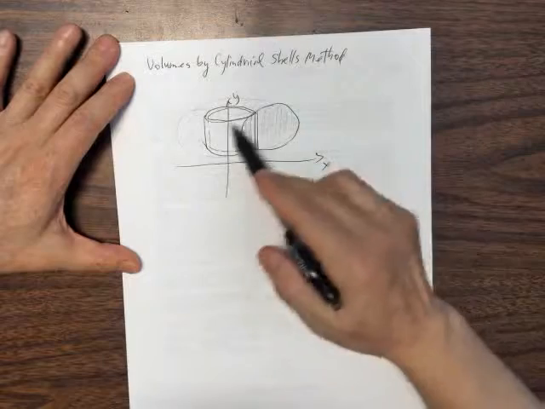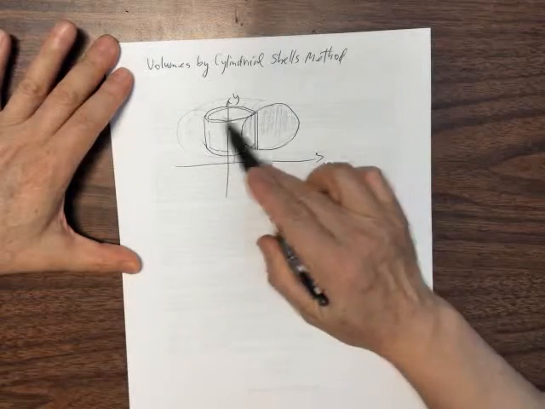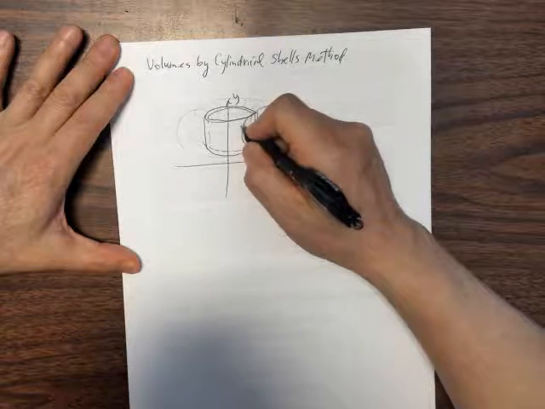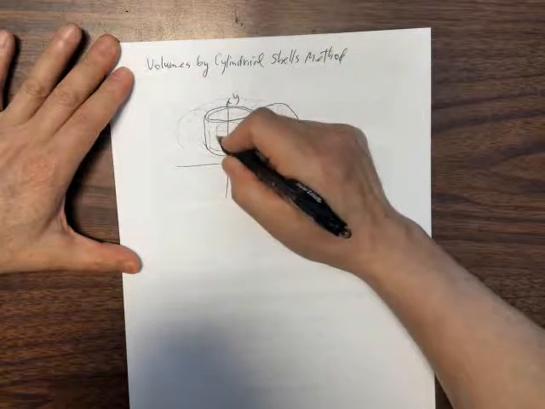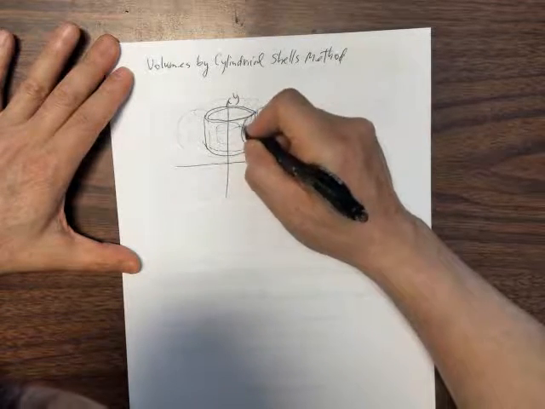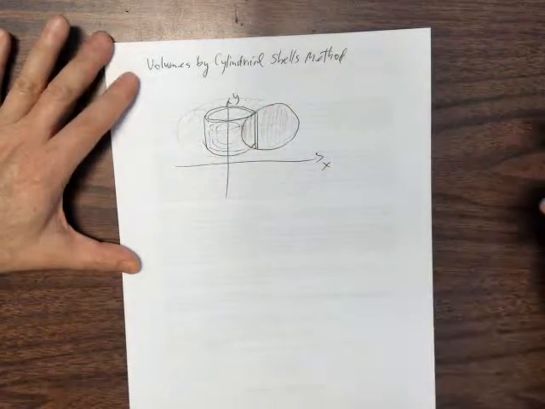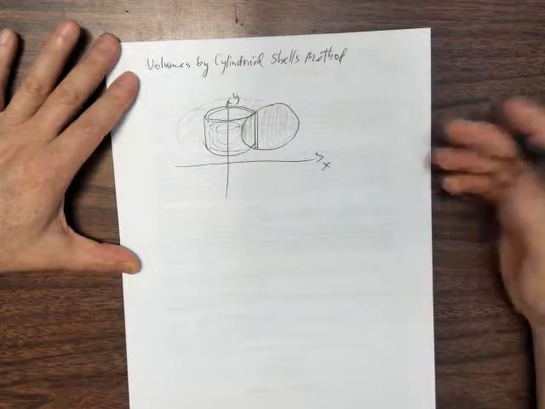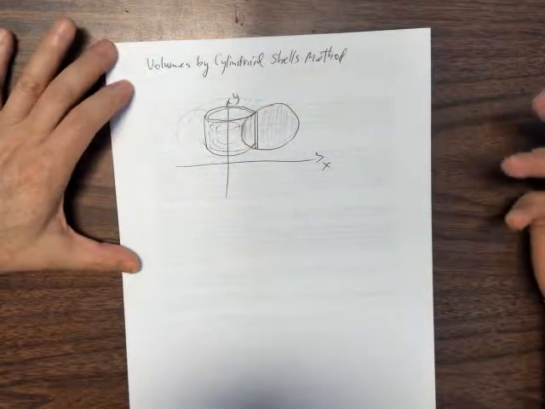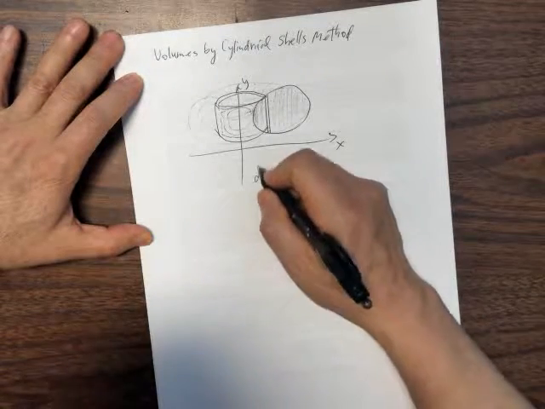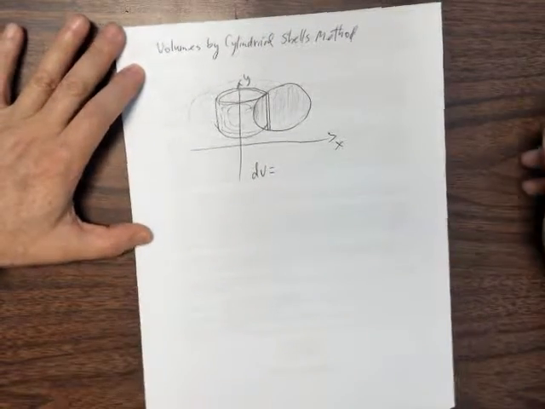Now, the idea is if we can figure out the volume for one shell, then the volumes of all those shells added up would give us a Riemann sum. Then we take the limit and have a definite integral. So again, the key is to figure out the volume of one shell.